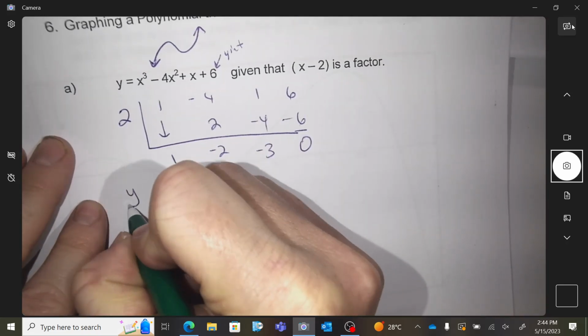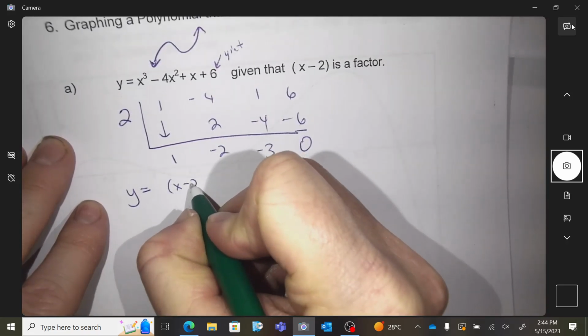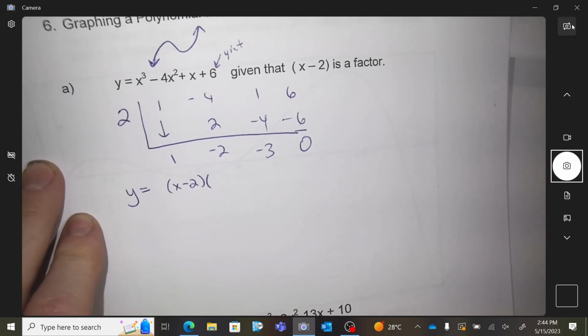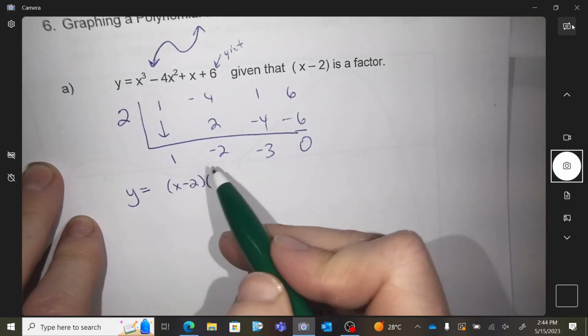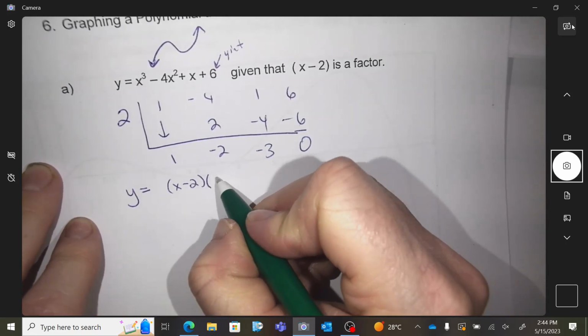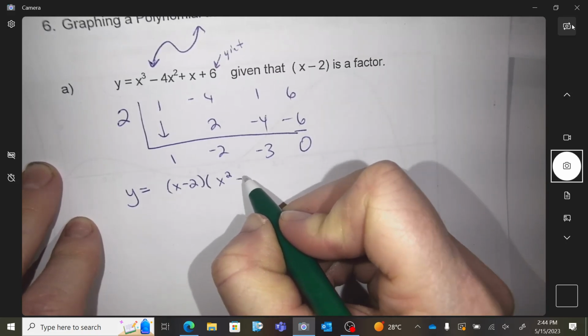Okay, so I'm going to go y equals x minus 2 times, what'd you get here? 1x squared.